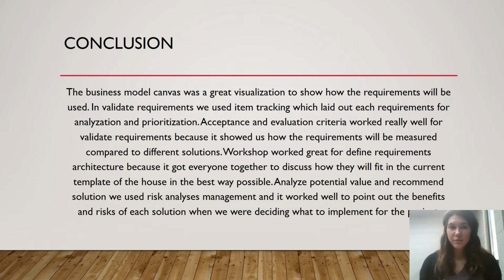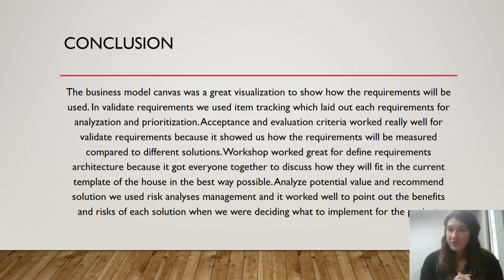So to wrap things up, we used Business Model Canvas. It was a great visualization to show how the requirements will be used. In verify requirements, we used item tracking, which laid out each requirement for analysis and prioritization. Acceptance and evaluation criteria worked really well for validate requirements because it showed us how the requirements will be measured compared to different solutions.